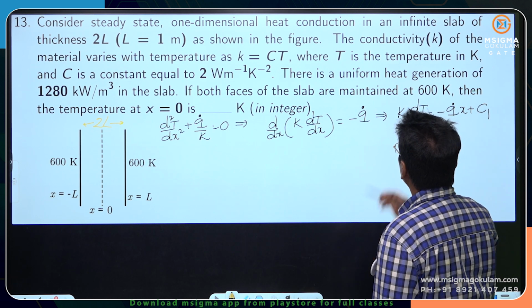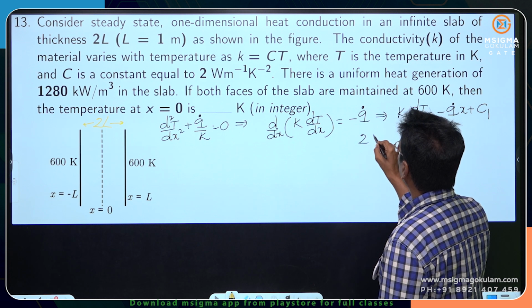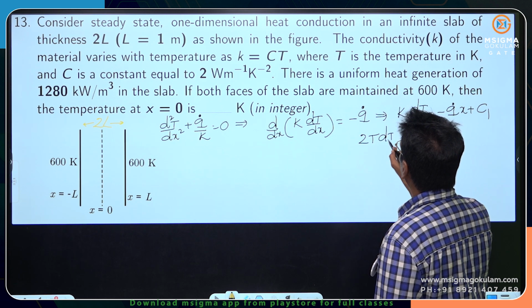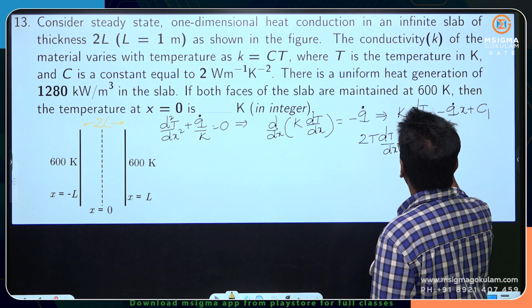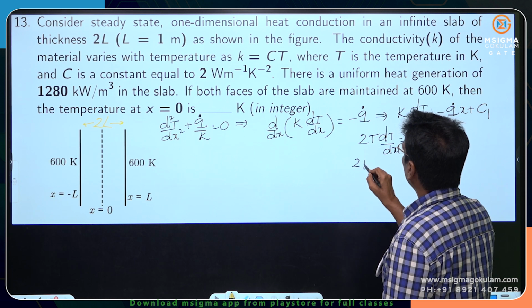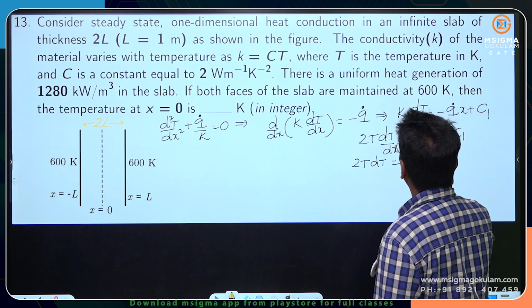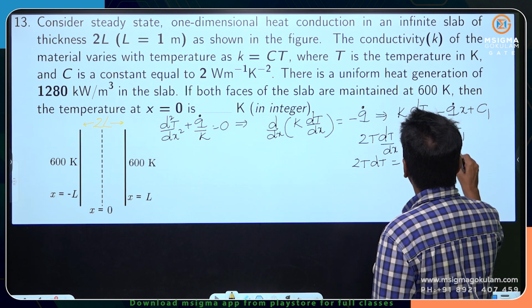Instead of K, I write 2T, so 2T dT by dx is equal to minus Q dot x plus C1. So 2T dT is equal to minus Q dot x plus C1 dx.